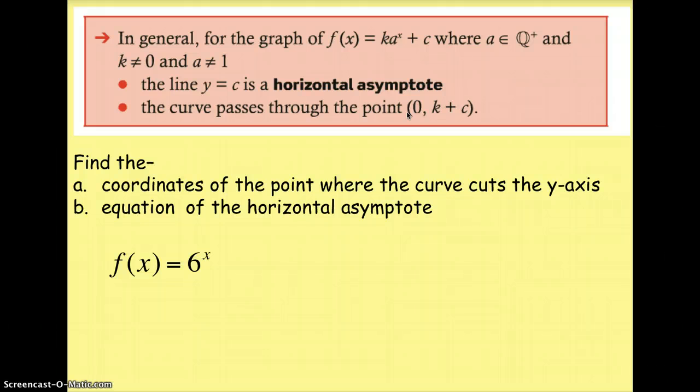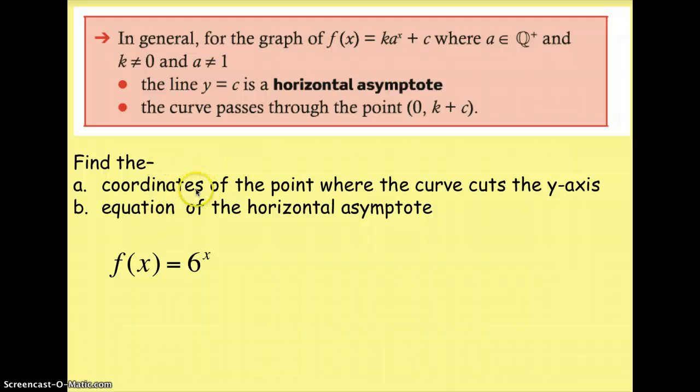This is your y-intercept, so don't be misled. C in an exponential function is your horizontal asymptote. The y-intercept is 0, k plus c, so the value in front of your a, and then plus c.